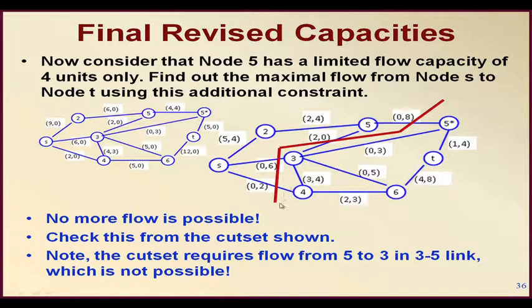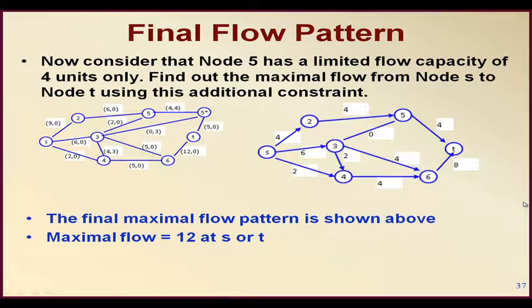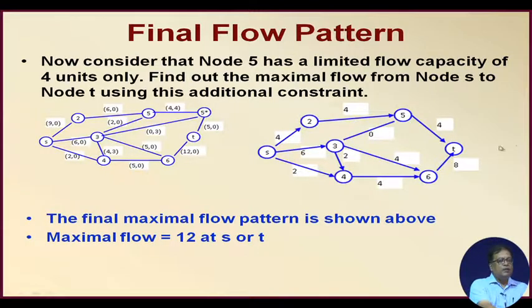So, this cut set is exhausted and no more flow is possible, and this is the final answer. Now you have seen that node 5 has only a flow of 4. So, this is how you solve a maximal flow problem.